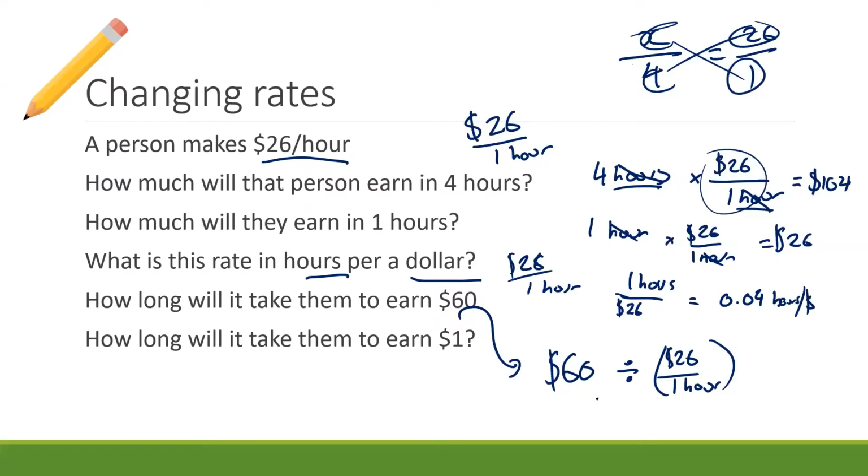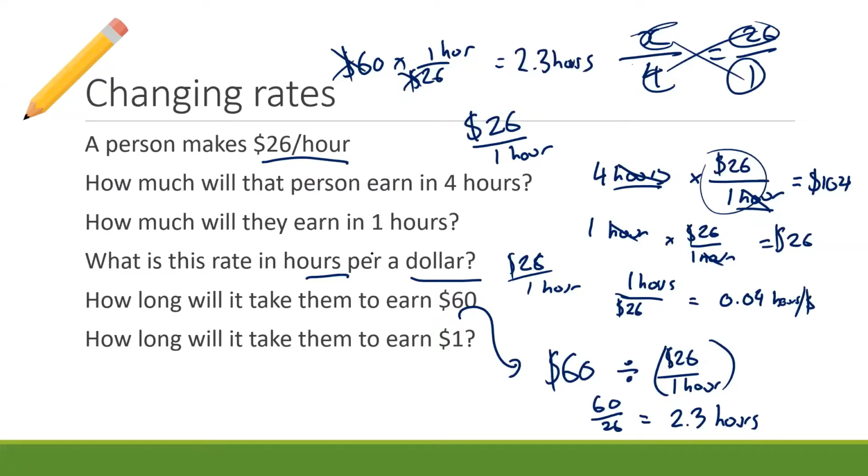That's the same as saying 60 divided by 26, which is going to give you 2.3. So it's going to take you 2.3 hours. You could also think about this as being 60 times 1 over 26. And because these are both dollars, they cancel. And that leaves you with whatever answer comes out in hours.